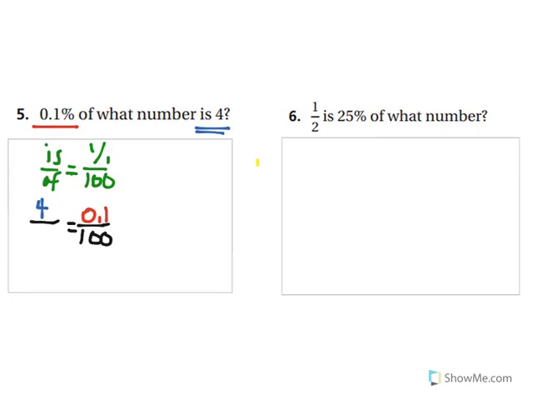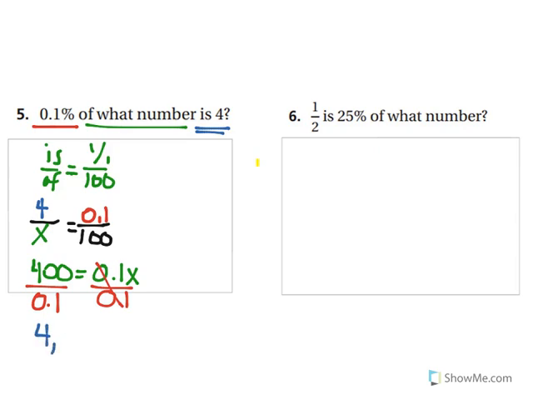And the of what number is your x. So we plug this in and we get 400 equals 0.1x. And we're going to divide both sides by 0.1. These cancel out. And I get 4,000 equals x. That's all there is to number 5.